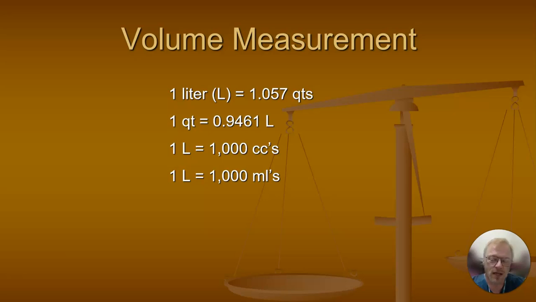So cubic centimeters, cc's, and milliliters, mLs, are used interchangeably in medicine. So if I say to you, you need to draw up 3 mLs of blood, or you need to draw up 3 cc's of blood, they are the same measurement.